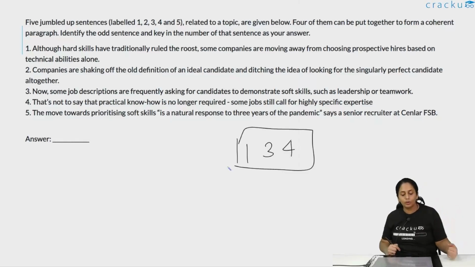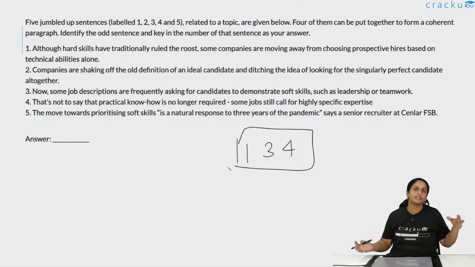Take a look at 2. 2 talks about companies are shaking off the old definition of an ideal candidate. Could be ideal candidate is no longer somebody who is the most good at the specific skill, but also has soft skills. Okay, maybe. And ditching the idea of looking for a singularly perfect candidate altogether. Singularly perfect candidate, that is not in any way related to the idea of soft skills are also important.